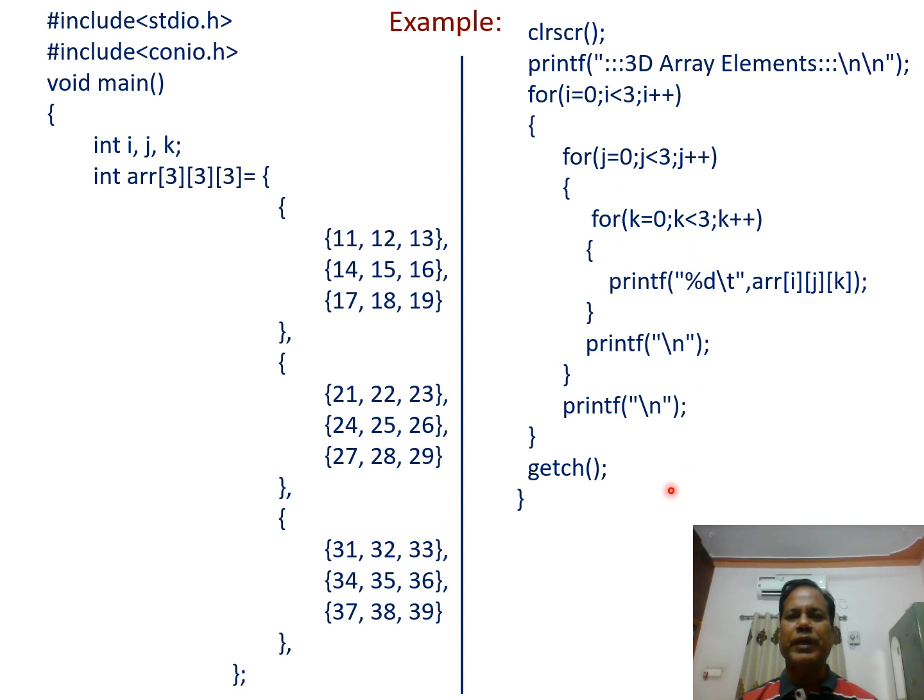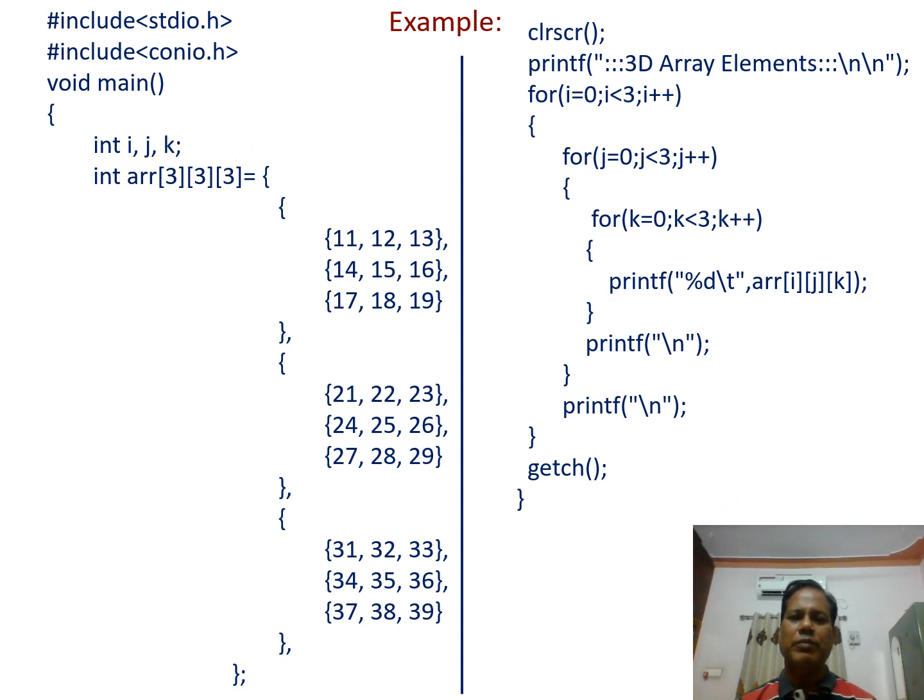And after printing, when the value of i becomes equal to 3, the condition becomes false and control comes out of the outer looping statement, and here we get the getch function where the output screen is in front of you where we see the result.